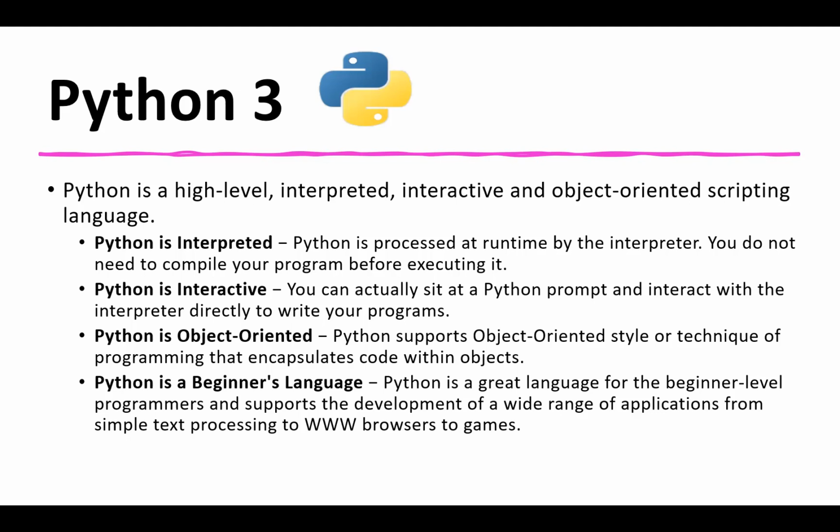But there is another one called an interpreter, which interprets line by line. Every time you run the program, it interprets line by line. Therefore, you don't have to compile your program before you run it. You have the source code, and when you run it, it gets interpreted line by line. Python is processed at runtime by the interpreter, line by line. Therefore, if you have any error halfway, you will be able to execute your code until you meet the error.